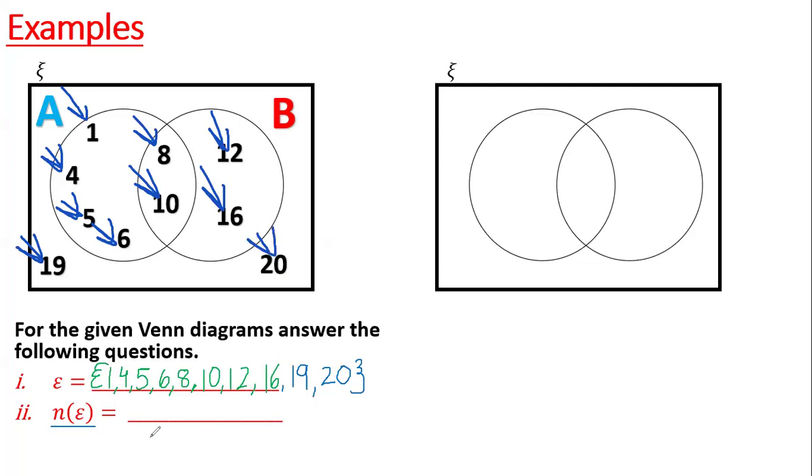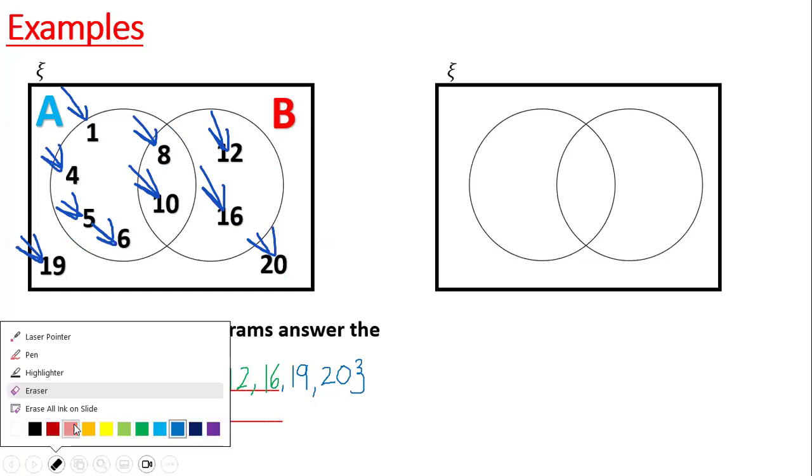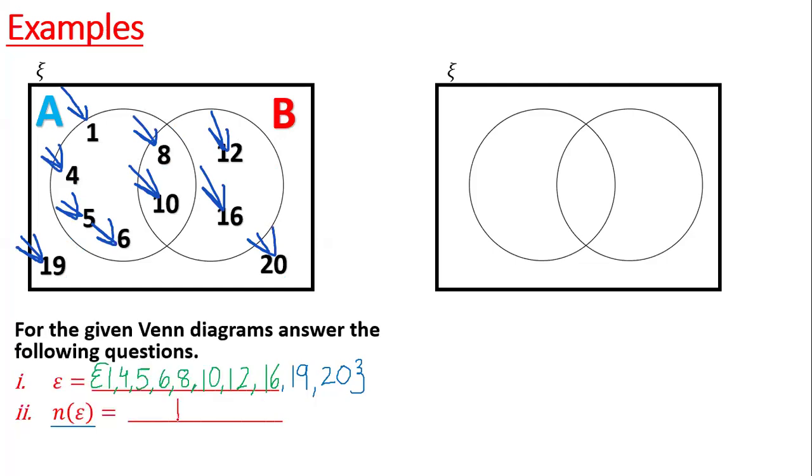So the answer is definitely 10. There are 10 elements in the universal set. Very good. All right, so that's how we do that.